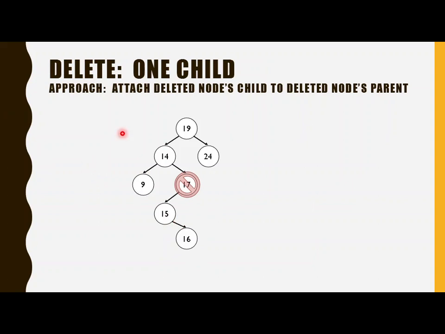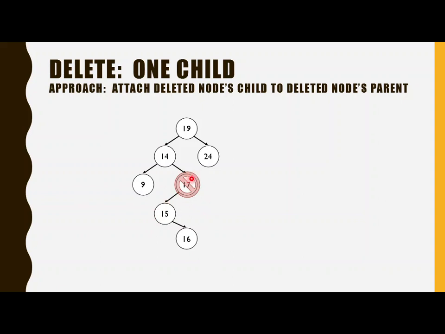So if, for instance, you are trying to delete the node here that has 17 in it, notice it only has one child. We don't care that there's more down here, but it only has one child, not two. So this is a one-child case. So what do you have to do with this? Well, it turns out that because of the unique properties of a binary search tree, it's pretty easy.